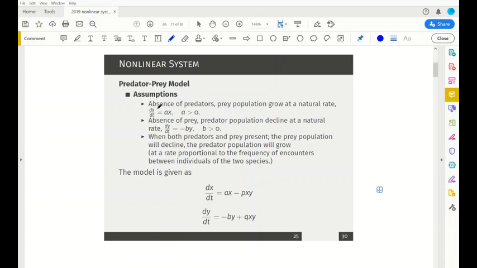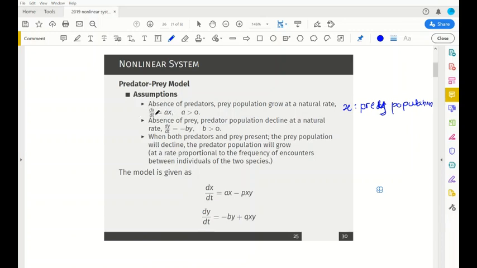So if we set the variable, x as the prey population, and as usual, t is time.